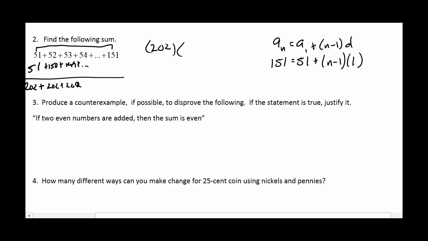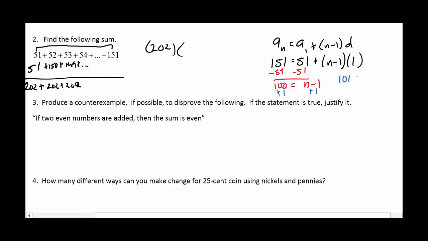And then I just need to solve this equation to find my n. So let's see, we'll subtract off the 51, which gives us 100 equals n minus 1. And then we'll add 1 to each side.